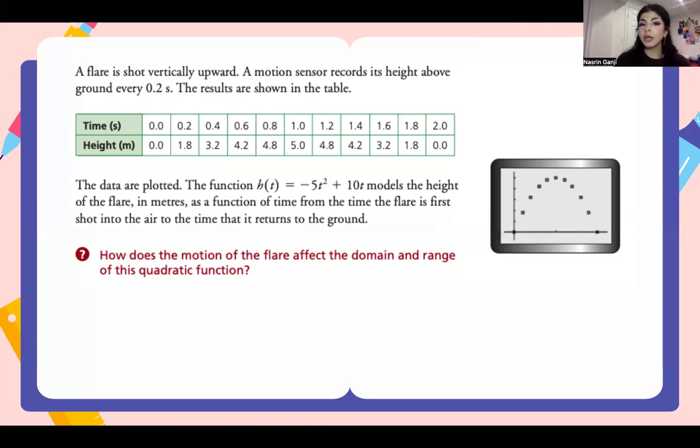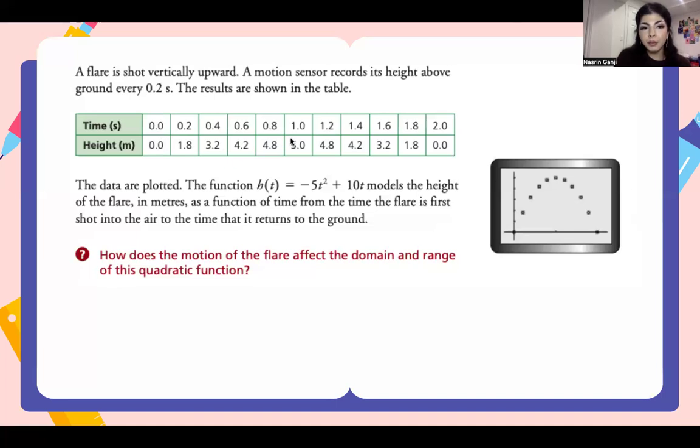So what are the possible values of our time here? We do not know that our time can be the set of all real numbers, but specifically for this problem, we care about the time where the flare goes from the ground up into the air and back down on the ground. And if we look at our table of values here, we can see that at time equals 0 seconds, the flare shot up.